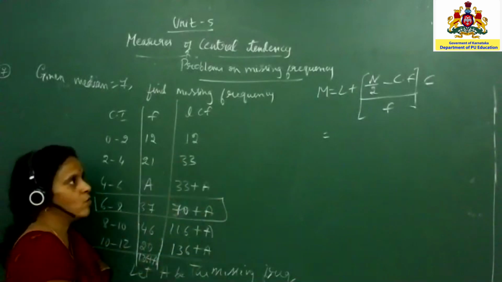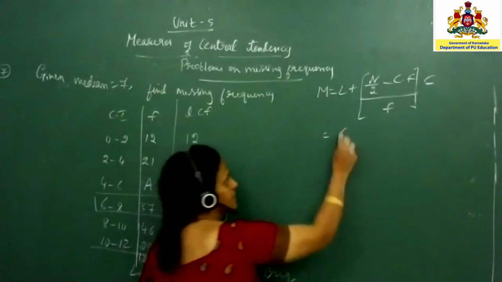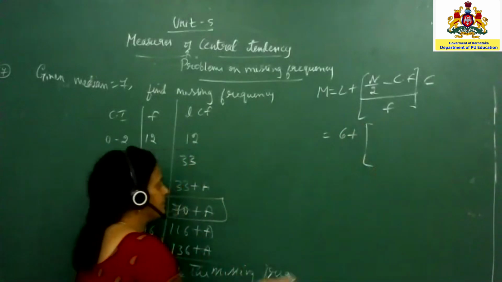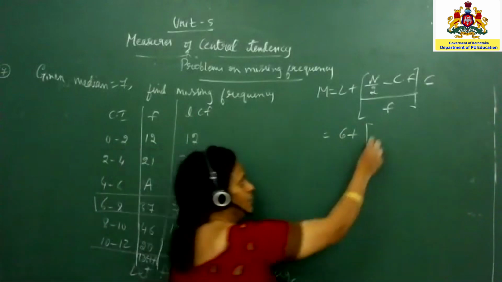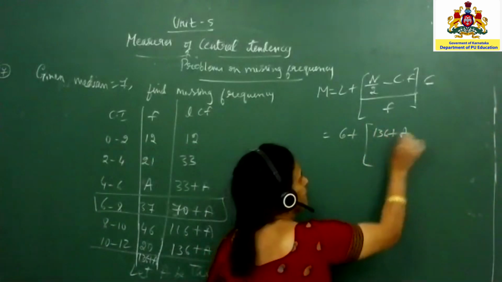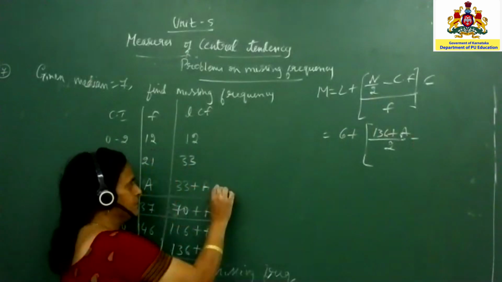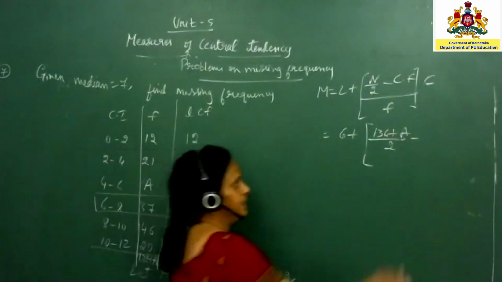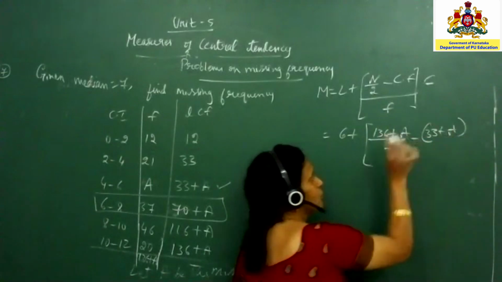Now I'll just move on. Okay? So what is l here? Lower limit which is 6. I'll just take the 6 plus what is n by 2? N is 136 plus A. So I'll take 136 plus A divided by 2 as it is. Minus preceding. Preceding is what? 33 plus A. So I'll just take 33 plus A. So use the brackets because you have minus symbol here.